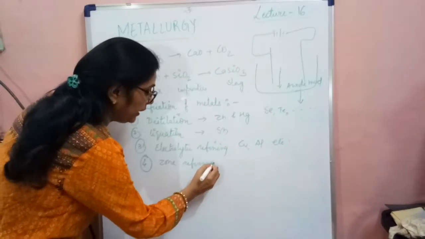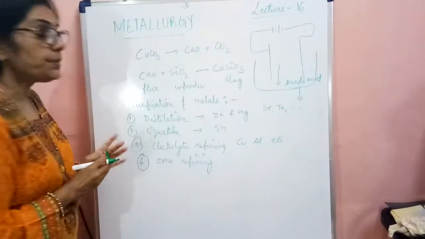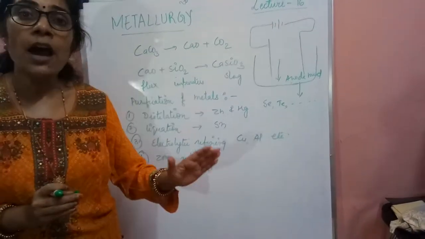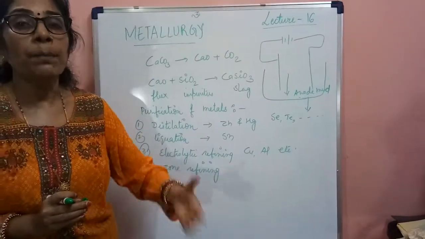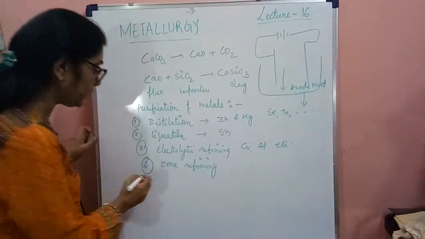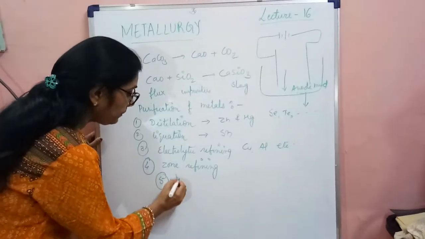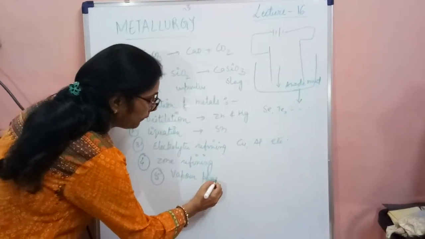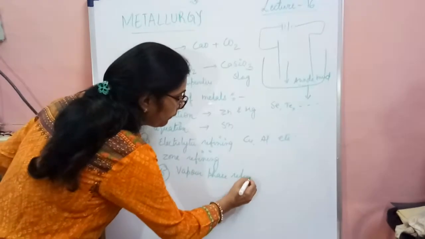And zone refining is based on the principle that impurities are more soluble in the melt as compared to the metal in the solid state. Next comes vapor phase refining.